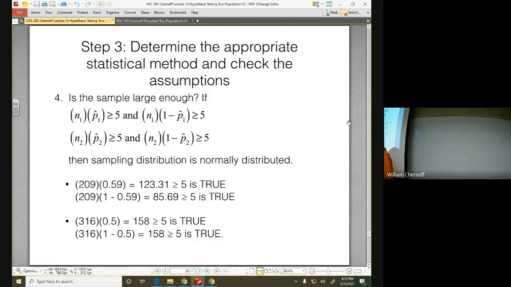In this case, again, we get 158, greater than or equal to 5. So all 4 of these criteria have been satisfied. So since all 4 of these have been satisfied, we know that our sample is large enough. So we can use this method. So we can test that claim. We can look at that doubting scientist claim and then decide whether or not it is correct or incorrect.